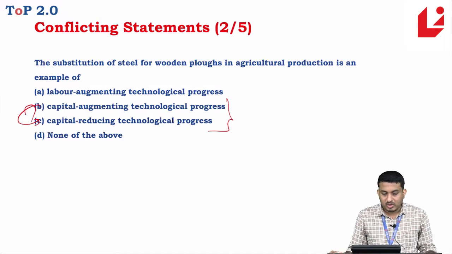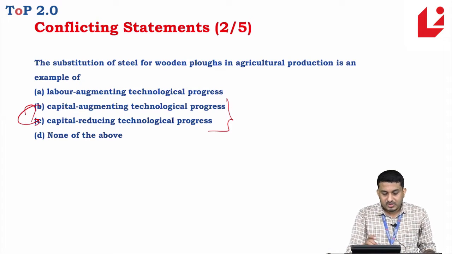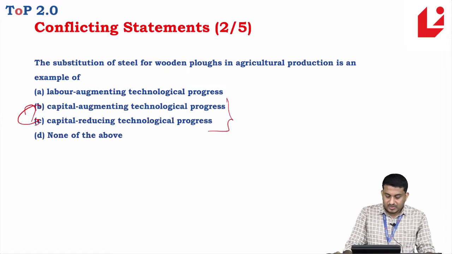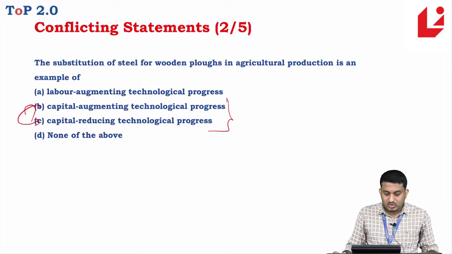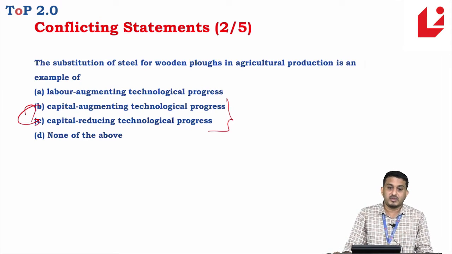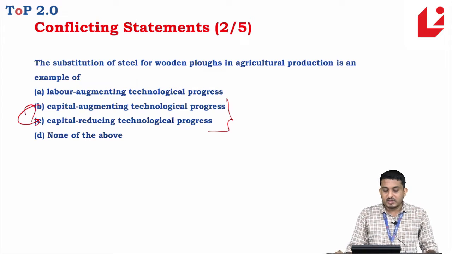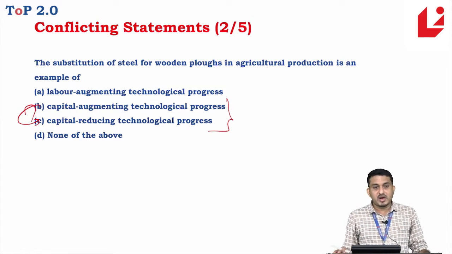One is capital augmenting, second is capital reducing. So these two are opposite to each other. I would recommend you to mark any one of them, even if you don't know the answer. Don't leave this question, because the chance of one of these options being correct is very high. Getting it? If there are two conflicting statements in the options, mark one of those as the answer.